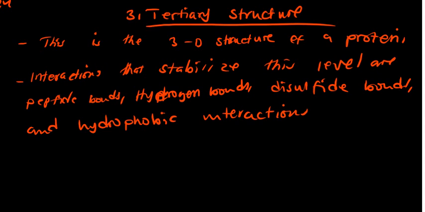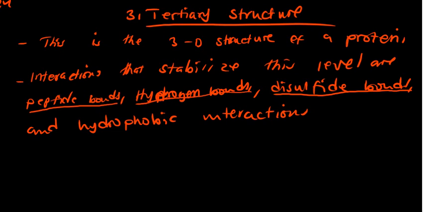So as you can see, the peptide bond is a bond that is formed between amino acids in the sequence. Then hydrogen bonds, these arise because of the interactions between the side chains of the polypeptide. Hydrogen bonds are formed between amino acids that are polar. Then disulfide bonds are formed between amino acids that have got sulfur in them, like cysteine.